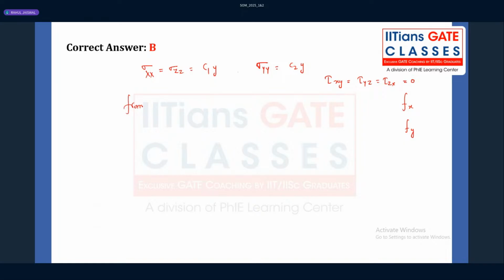Again from equilibrium equations, what can we write?